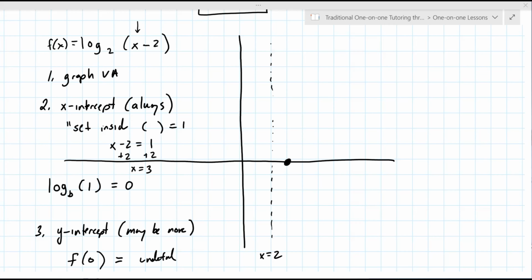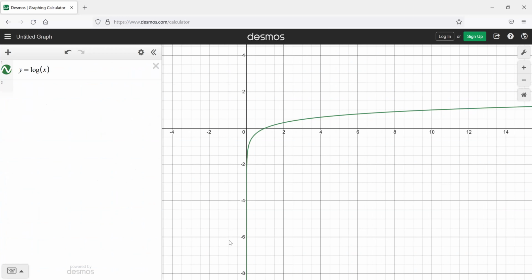Do you remember what the parent function graph looks like for log of x? Let me show you, and maybe this will remind you. Do you see that this is the graph of log x? It goes up and to the right.